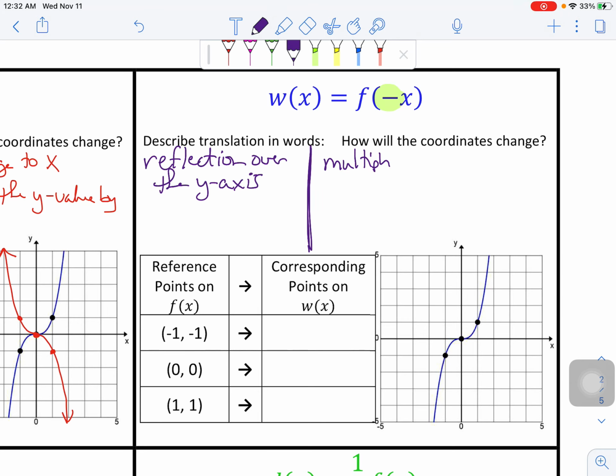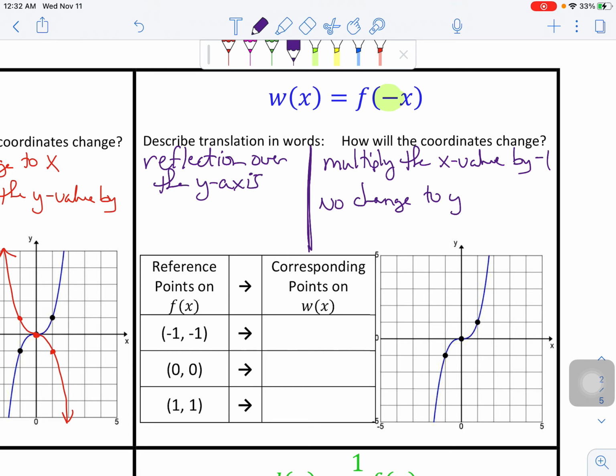And you could do that by saying you're going to multiply the x value by -1. Okay, and no change to y.